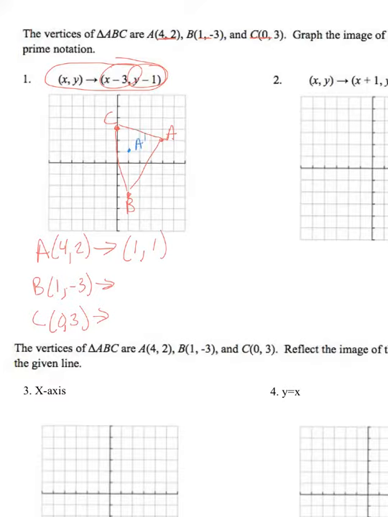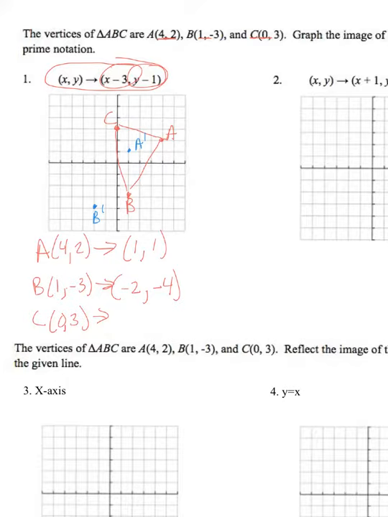All right, that second one, B, I go from 1, which I have to subtract 3 from, so 1 minus 3 is actually -2. And then -3 minus 1 is actually -4. So that's our B prime. And if I graph that, -2, -4 is here, and that's B prime.